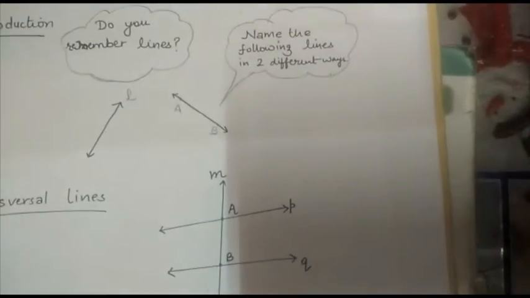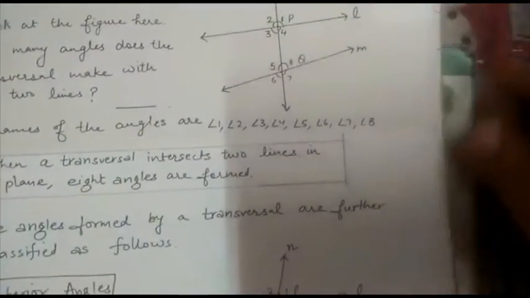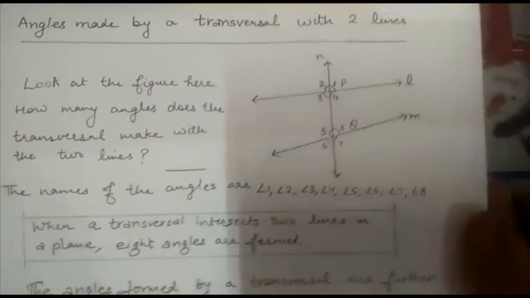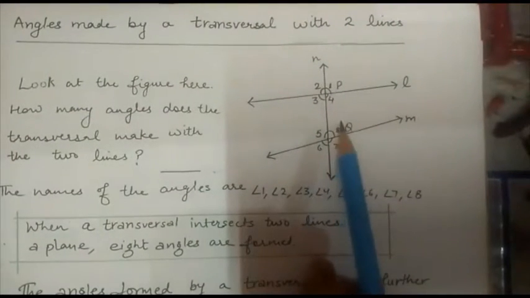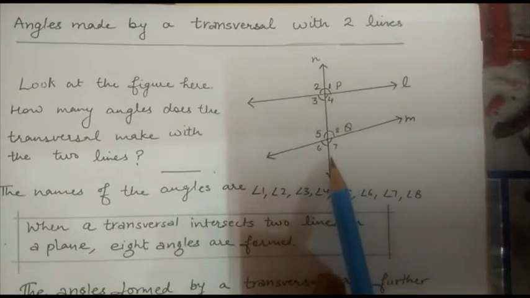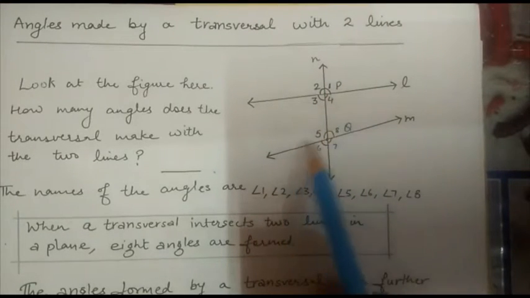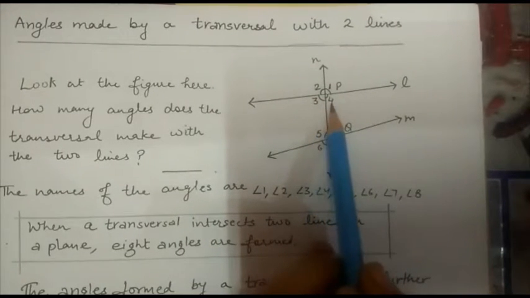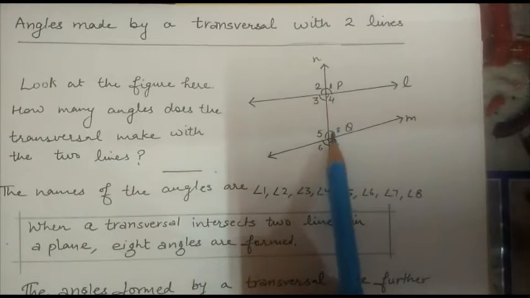Okay, now our next concept, angles made by a transversal with two lines. Look at the figure. How many angles does this transversal make with two lines? Total, if we see, here are 4 and again 4 at this point.